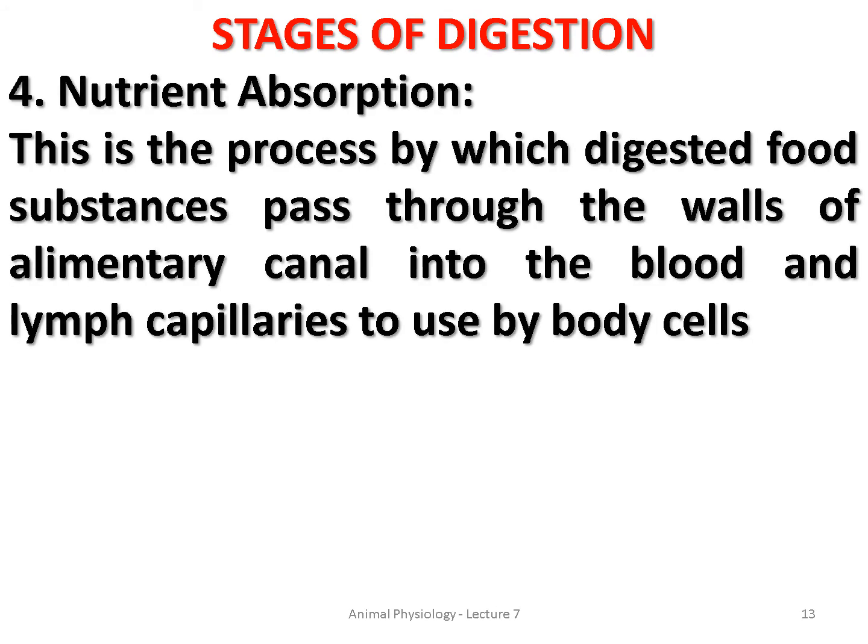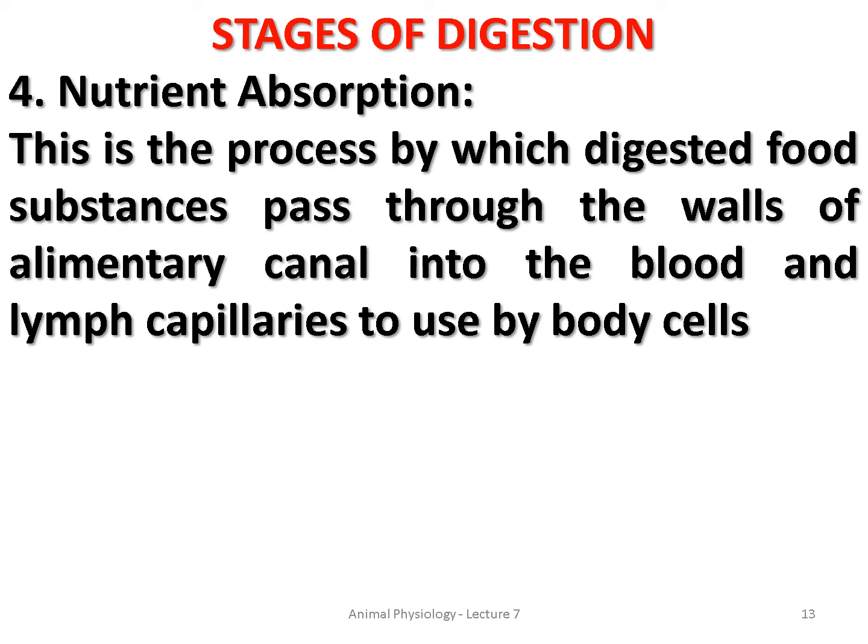And then the fourth stage of digestion is nutrient absorption. Now digestion is almost over with chemical digestion and physical movement. All these together will digest the food well and break up the food into simpler particles.